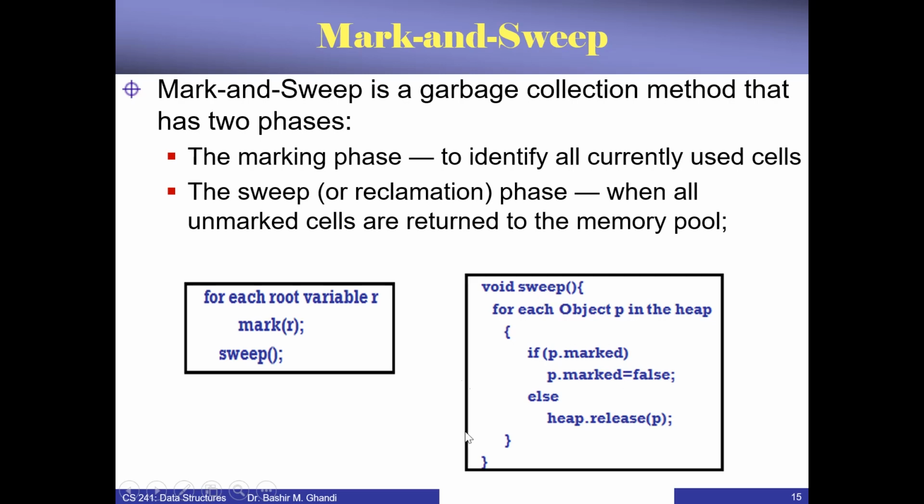Basically it goes through all the content of the heap and releases all objects that do not have any marker on them. This is what the mark and sweep algorithm does. Go through the heap, for any variable that is referencing an object, mark that object as being used. Then in the second phase, check all the objects, and all those that do not have any mark, release them. Return the memory back to the pool. This is the idea.